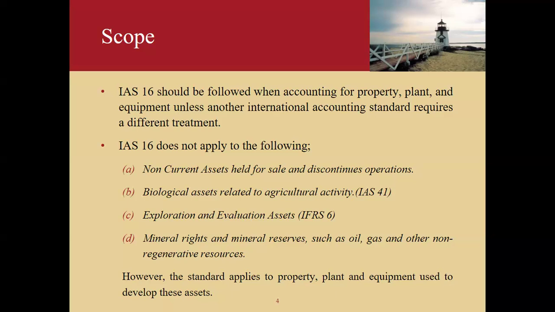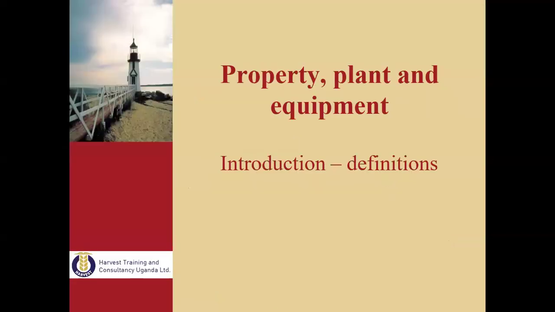If I have maybe a mine and I'm using some machines to mine these resources, those machines are valued under property, plant, and equipment. Hope everything is clear up to this point. So we are going to look at the key definitions in this standard.